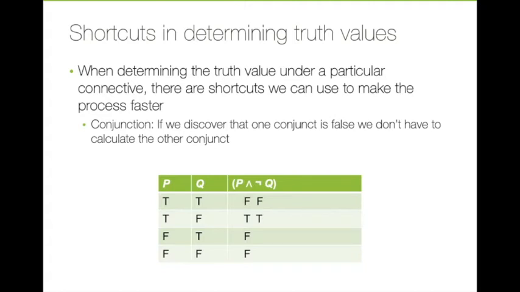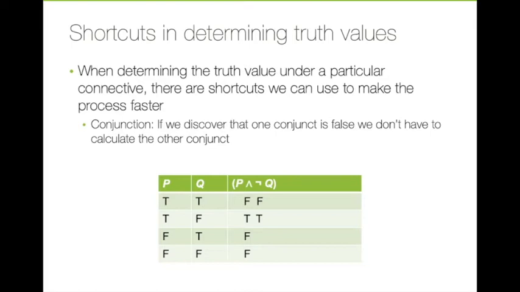So here again we have an example. We have P and not Q. And in the last two rows, P is false, and P is one of the conjuncts. So we know that the whole conjunction is false without having to calculate not Q.